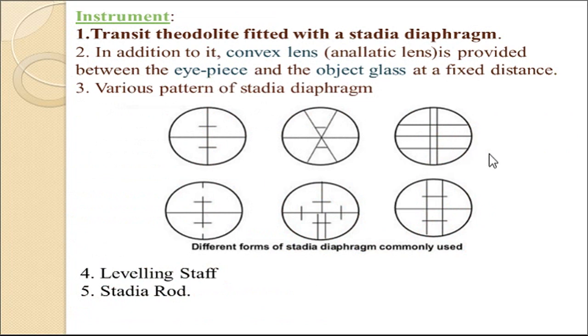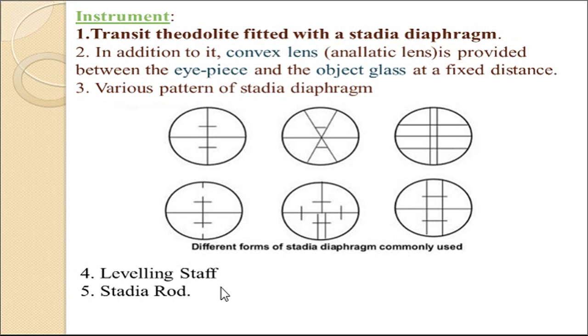Next, the instrument used in tachymetry is the tachymeter. Now, what is a tachymeter? The tachymeter is a transit theodolite fitted with a stadia diaphragm. In addition, the telescope of the transit theodolite is fitted with a convex lens known as an anallactic lens, provided between the eyepiece and object glass at a fixed distance, and these are the various patterns of diaphragm.